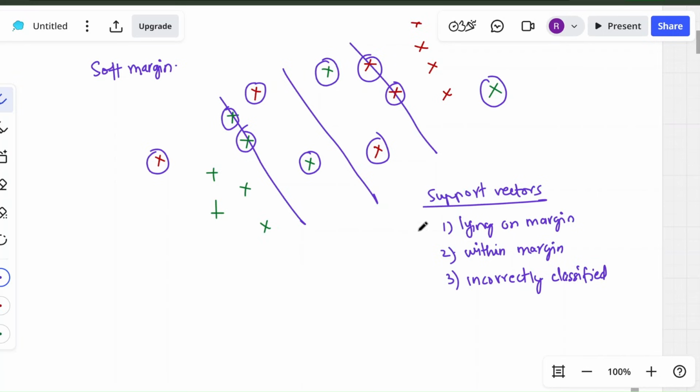If it has any of these properties, then it will be a support vector. Not all of them, any of these. Then it will be a support vector. So soft margin SVM will have more support vectors than a hard margin SVM.